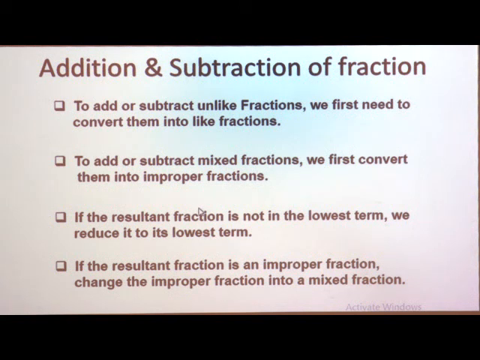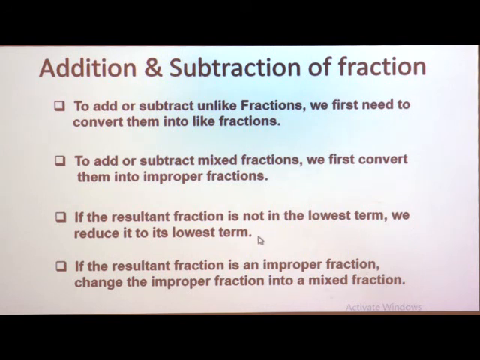Next, if the resultant fraction is not in the lowest term, meaning after solving the steps the result you get is not in the lowest term, we reduce it to its lowest term.